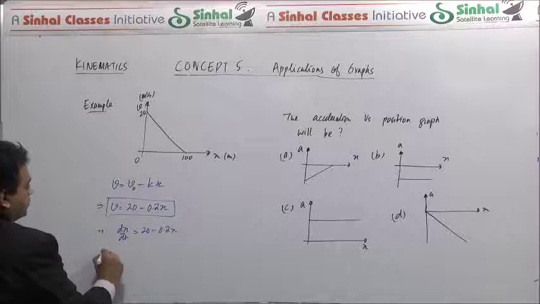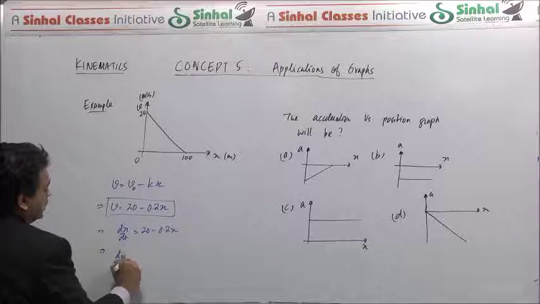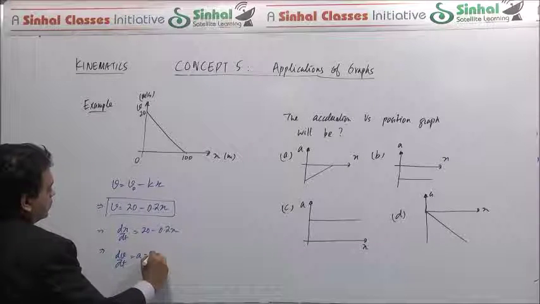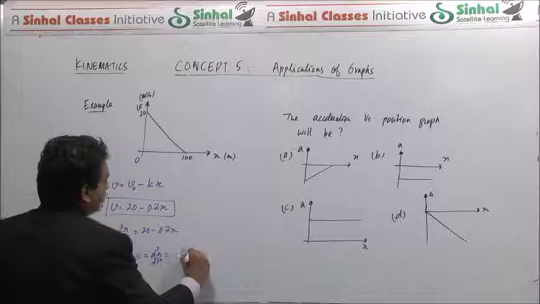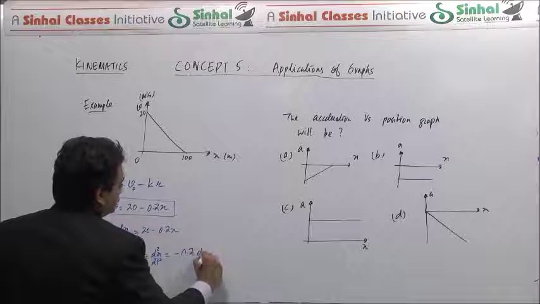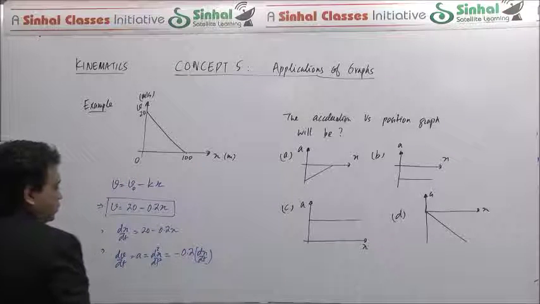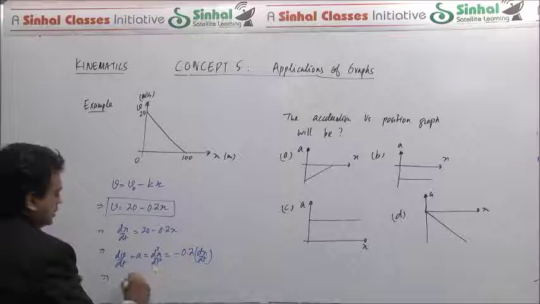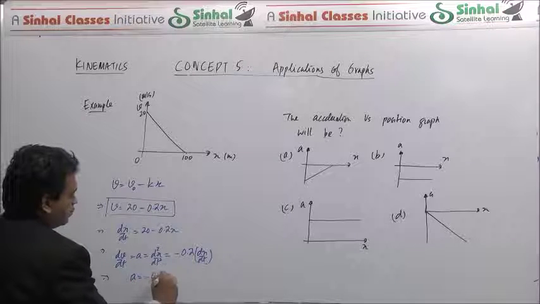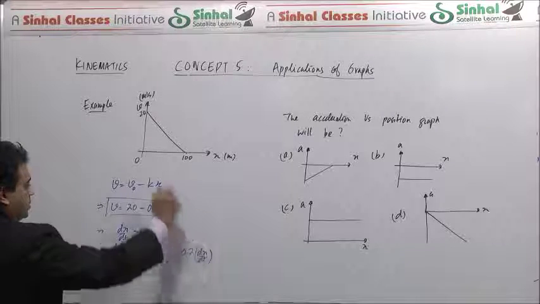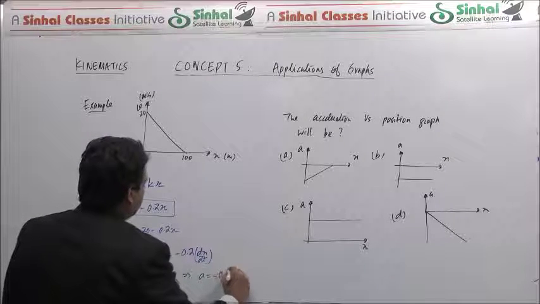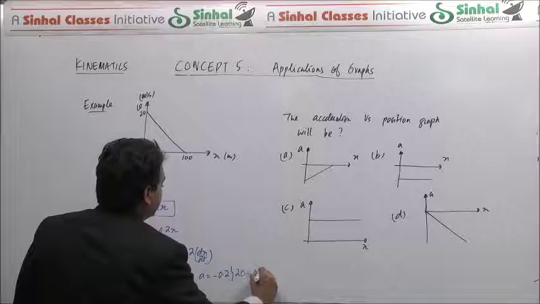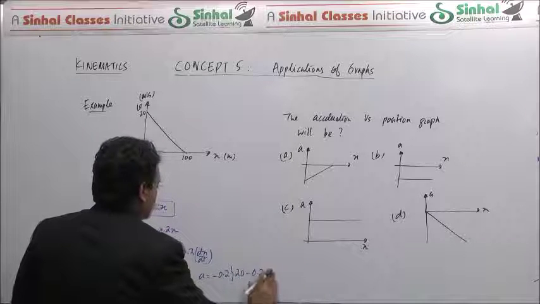From that we can also see that dv by dt, or acceleration, or d2x by dt square, becomes minus 0.2 dx by dt. In other words, the acceleration is minus 0.2 times the velocity, and substituting the velocity here you see that the acceleration is minus 0.2 into 20 minus 0.2x.